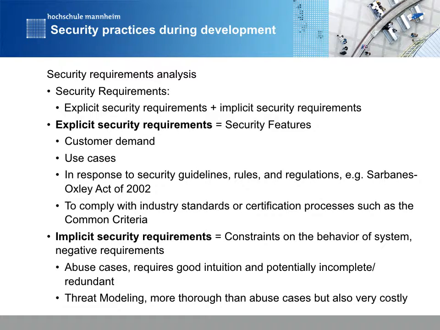There are also implicit security requirements, which are typically non-functional requirements. To a large extent in the past, the explicit security requirements were functional requirements. Now more and more people start to understand that for making software secure, it's not enough to have a security feature.